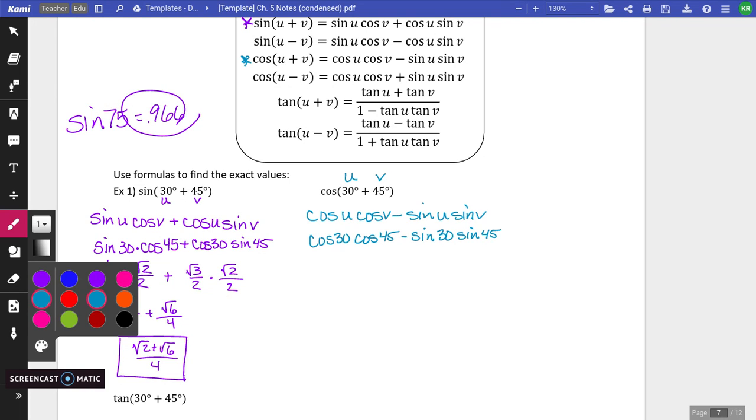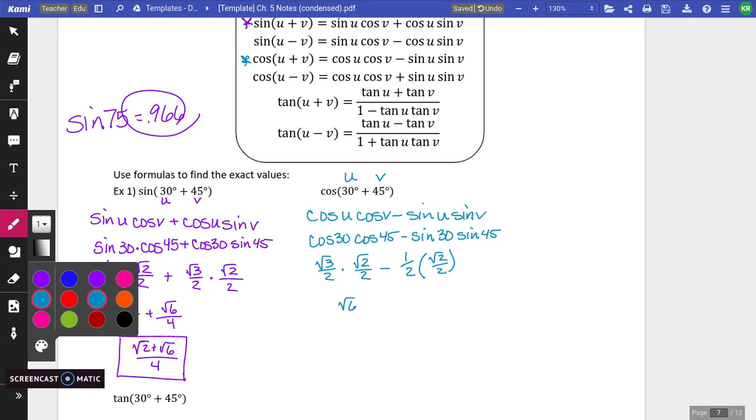of 45 degrees. So cosine of 30 is root 3 over 2. Cosine of 45, root 2 over 2. Sine of 30 is 1/2. And sine of 45, root 2 over 2.